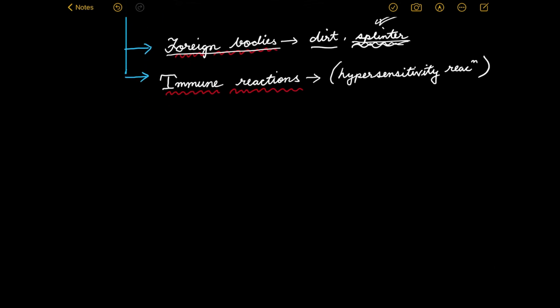And this is what I was talking about, the last point, immune reactions. Immune reactions or hypersensitivity reactions. Hypersensitivity reaction is very important. We'll talk about this in great detail when we talk about the immunity chapter itself. There's an entire chapter in pathology, in microbiology also.